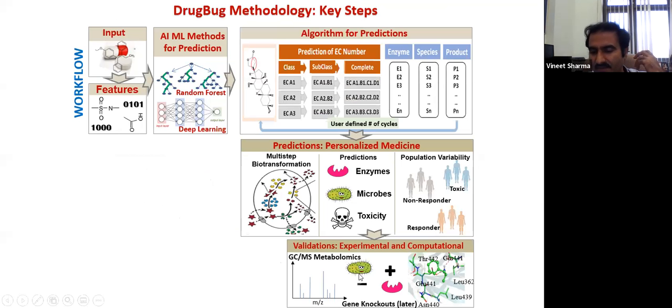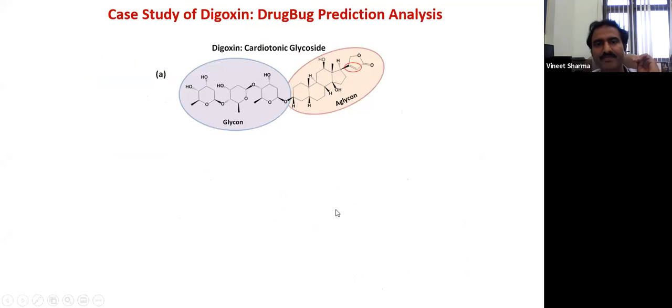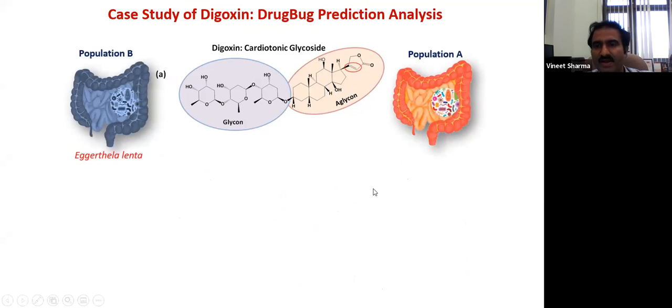And we also do metabolomics to confirm our findings. So take this drug, digoxin; again, I'll take this example. This is the drug structure. It has a glycon and aglycon moiety, and this is the active moiety here. Population A has a typical microbiome, as found in healthy people. But population B contains this microbe, Eggerthella lenta, which can reduce this bond.